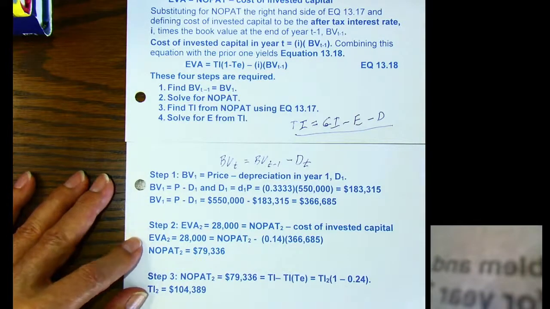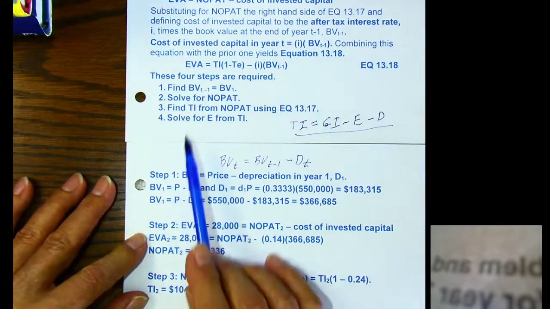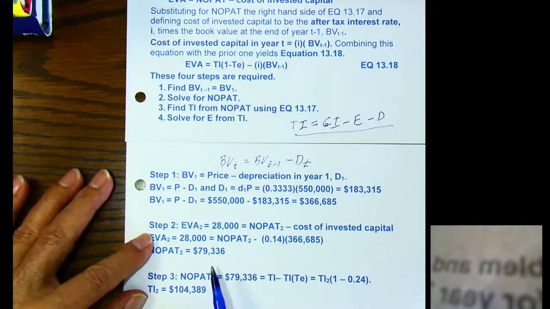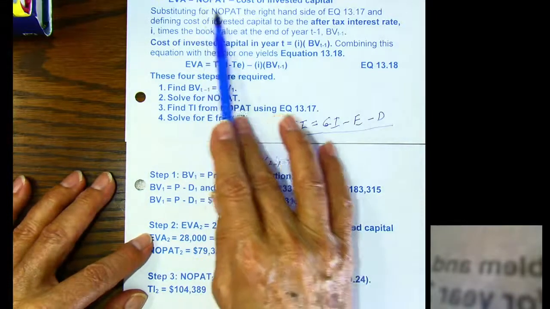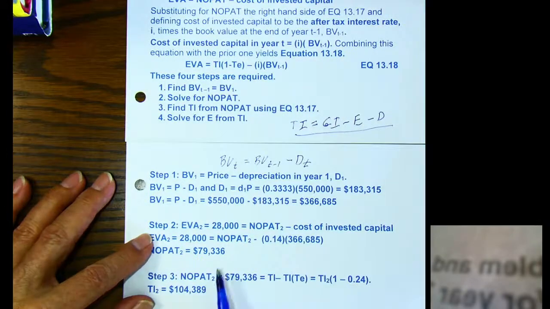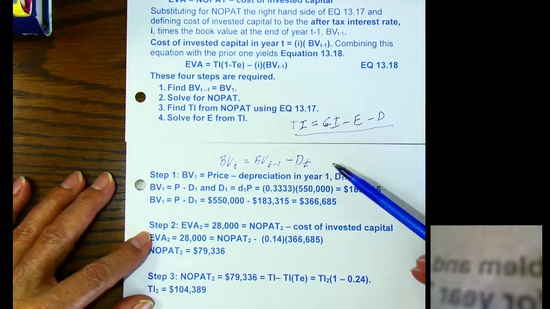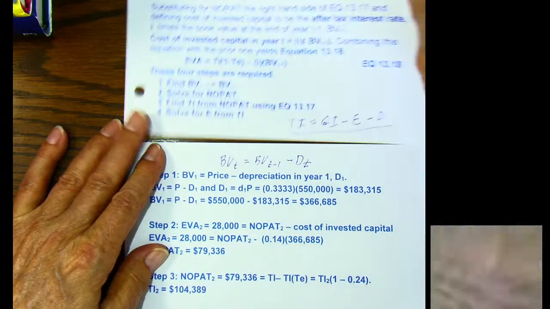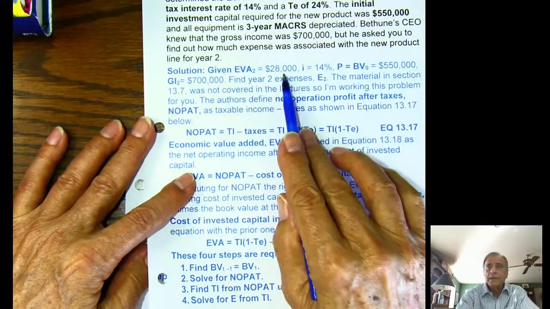Now step 2 is to solve for NOPAT. We have this equation that involves NOPAT and invested capital. So we have EVA2 equals, and we know what that is, by the way. We were given EVA2 of 28,000.